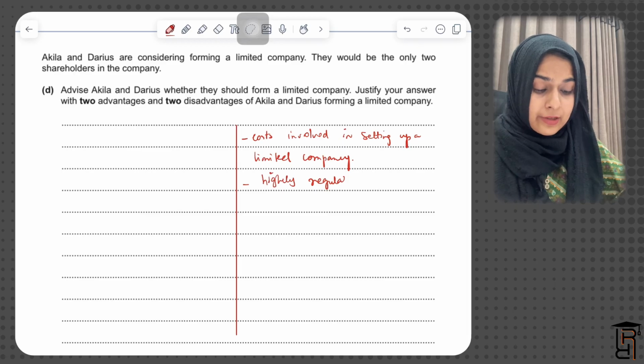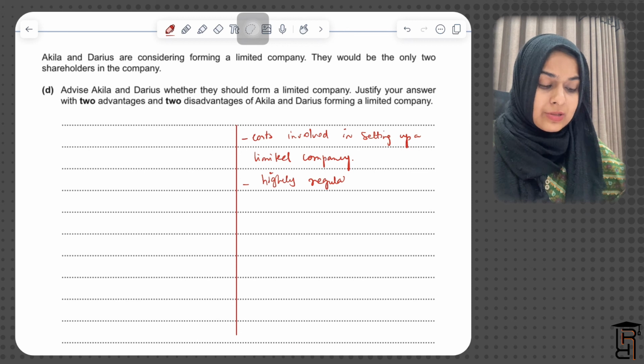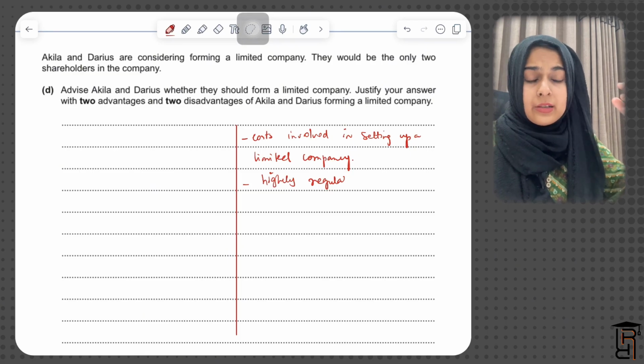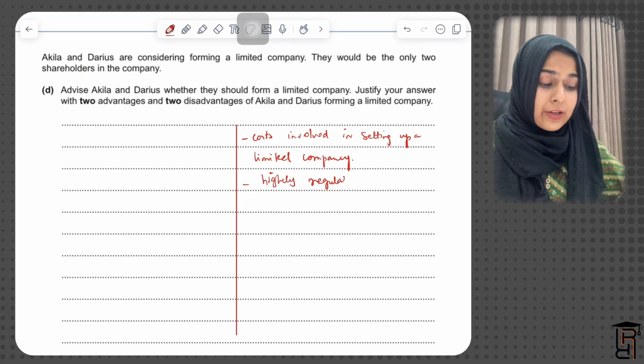Plus, they need to issue their annual accounts for inspection by the public. Annual reports include the income statement, statement of financial position, and the ratios of the business. All the information of the business needs to be available for inspection by the public.